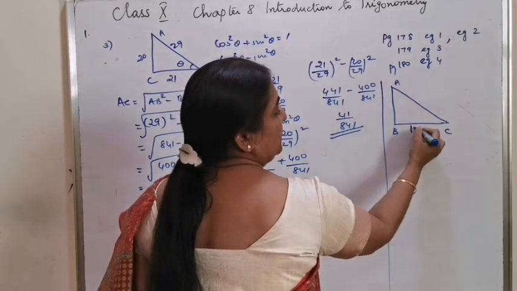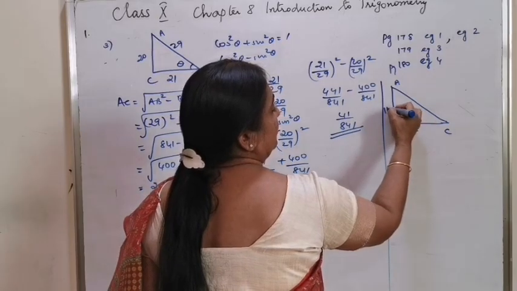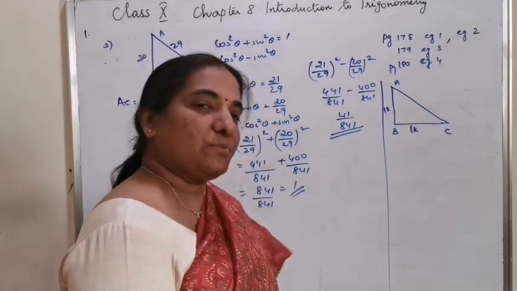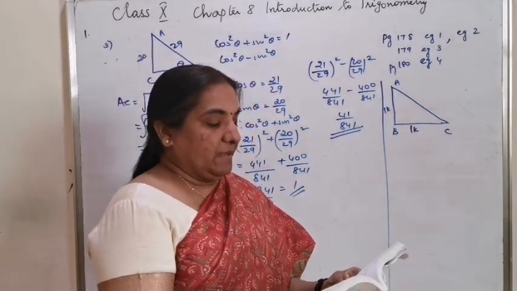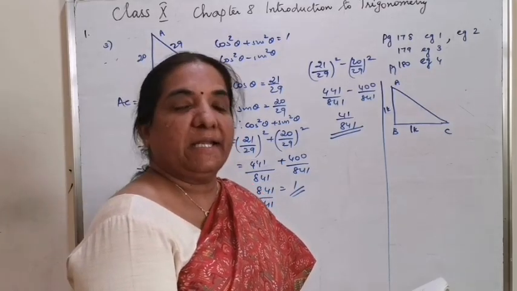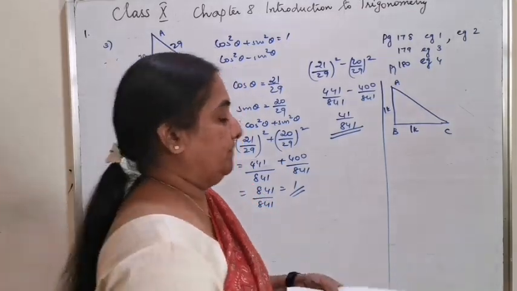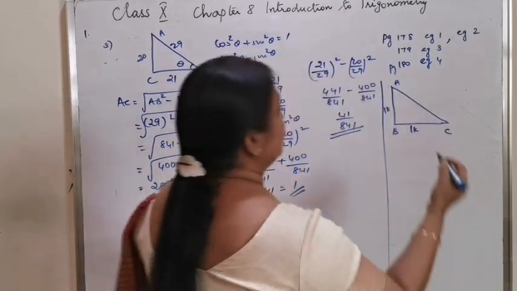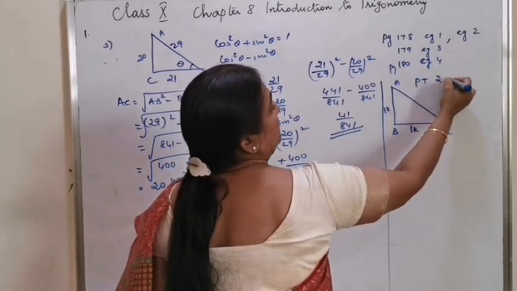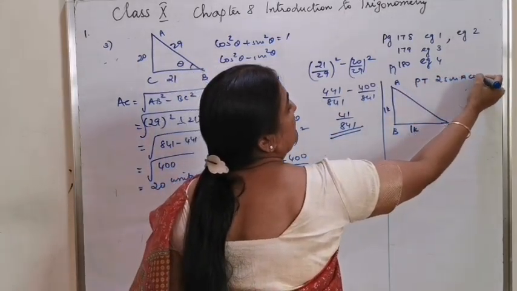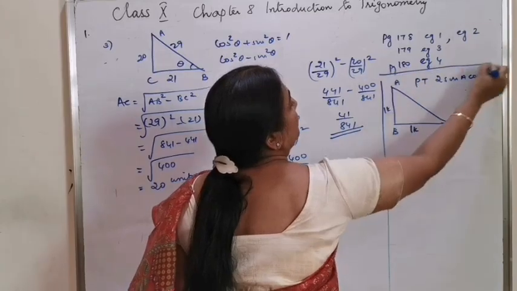Tan means opposite by adjacent. 1 means you can take it as 1 by 1. Verify that 2 sin A cos A is also 1. Prove that 2 sin A cos A is equal to 1.